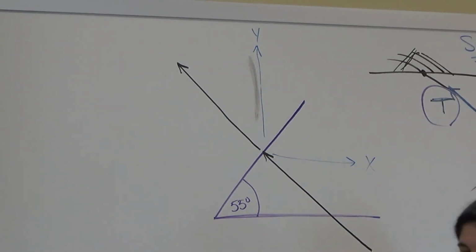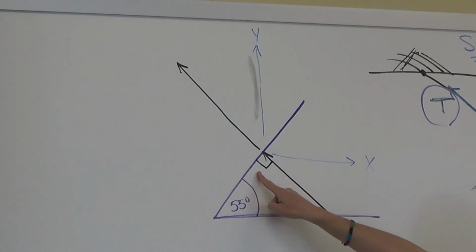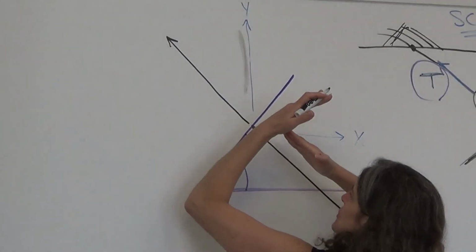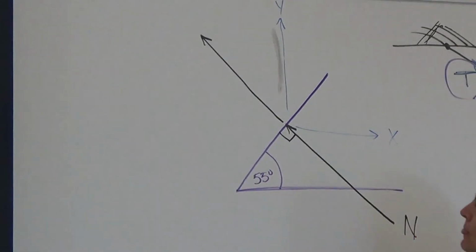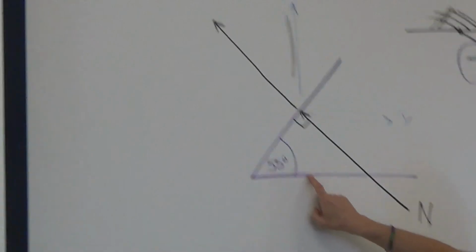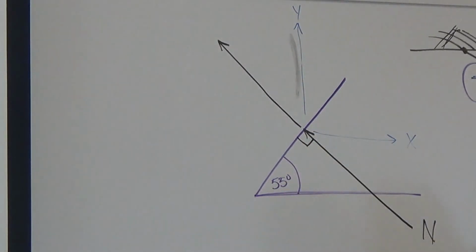This normal force is perpendicular to the surface, right? Everybody up here? This is perpendicular to the inclined surface. What's perpendicular to the horizontal? Which axis? Y. Y is perpendicular to the horizontal surface.